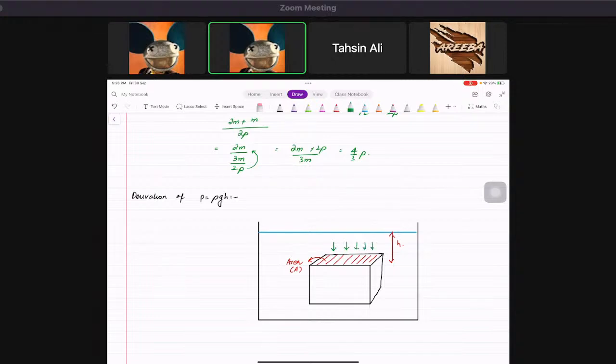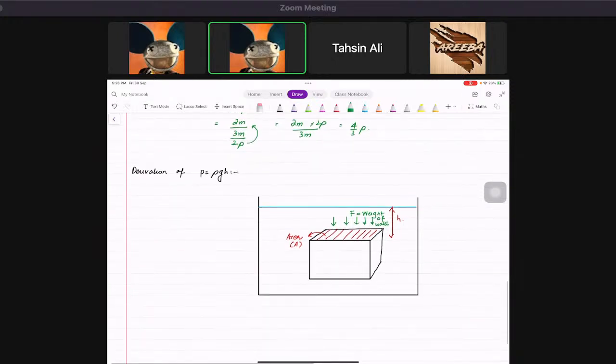You guys understand this? Yep. And that is because the force is basically equal to the weight of water itself, because the water above has a weight and it's pushing it down.